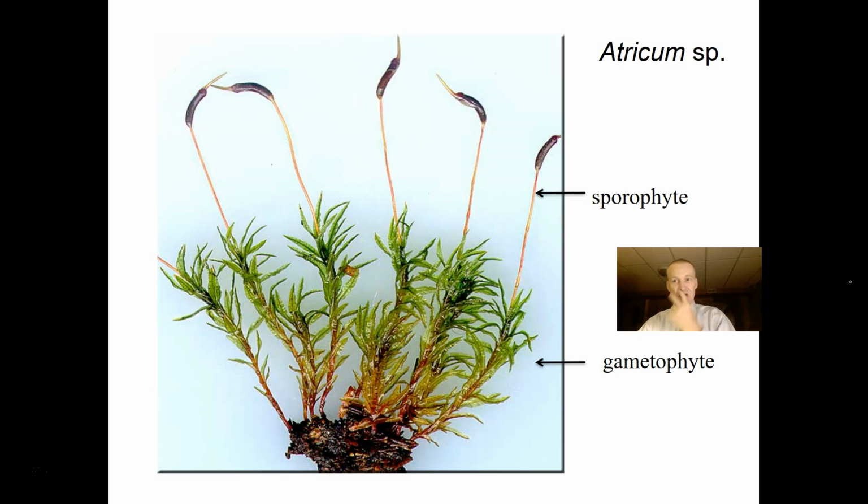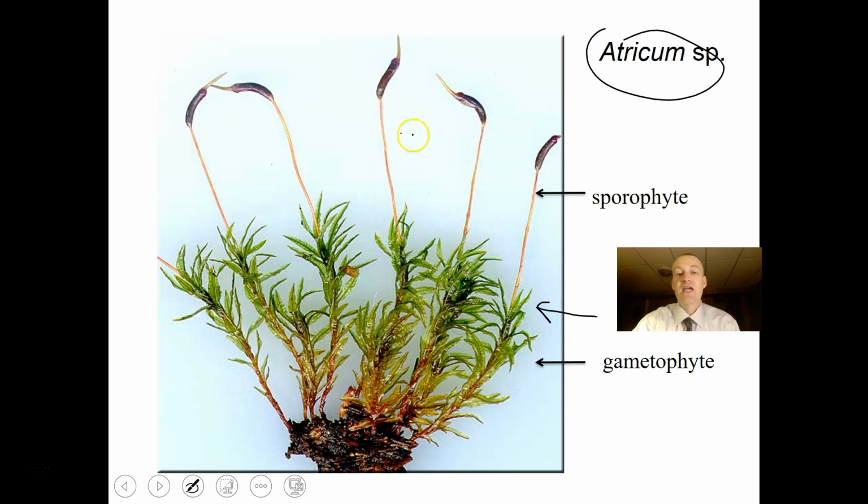This is just showing you a trichium, a different kind of moss. This is the gametophyte. So if you ever go out and see moss plants, the little green structures are the gametophyte, and then the other structures coming out are the sporophytes. Those are the sporangia that will produce the spores that will be released. Okay. So that's just a moss plant showing you gametophyte and sporophyte.